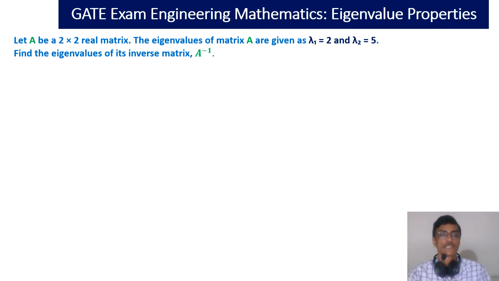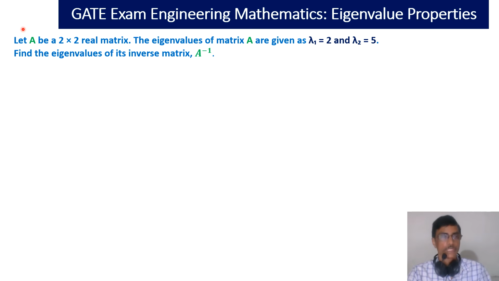The question is, let A be a 2 by 2 real matrix. The eigenvalues of matrix A are given as lambda 1 equals 2 and lambda 2 equals 5. Find the eigenvalues of its inverse matrix. That means the eigenvalues of matrix A are given and we are asked to find the eigenvalues of the inverse matrix.